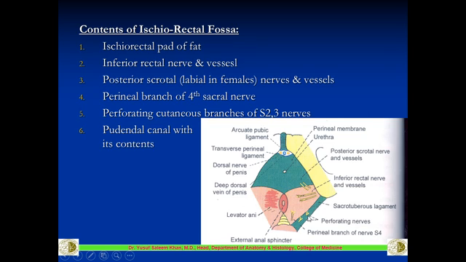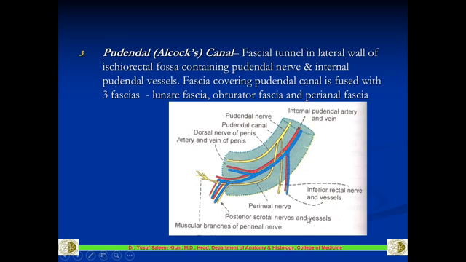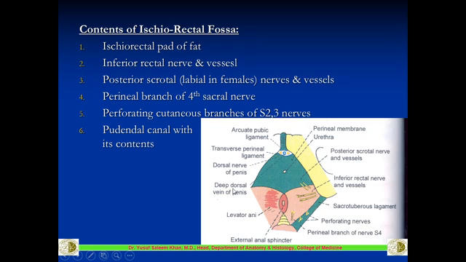There will be a lot of cutaneous nerves coming from the same region. The pudendal canal with its contents is also a content of the ischiorectal fossa. So all these are the structures which come from the pudendal canal.